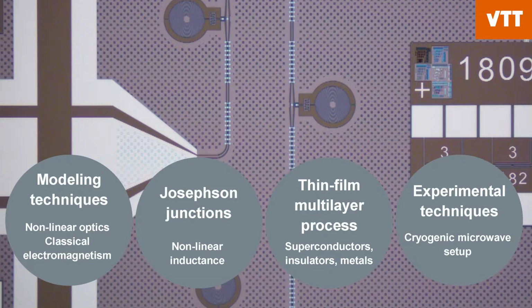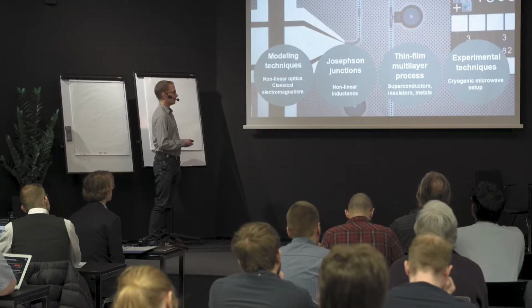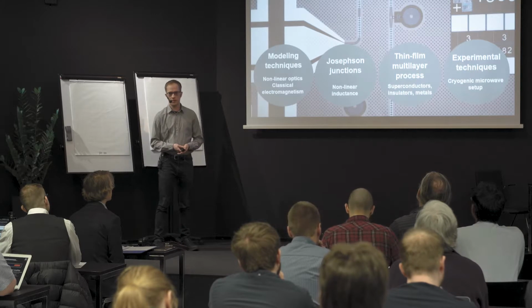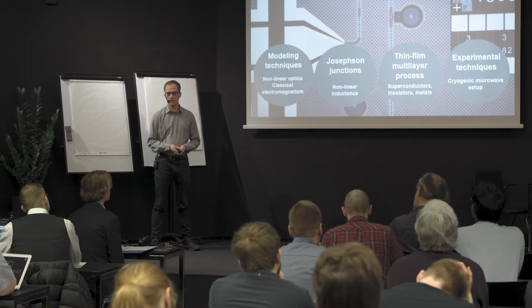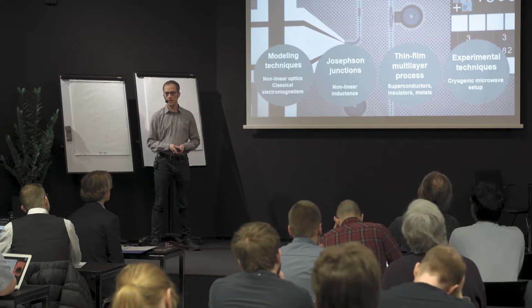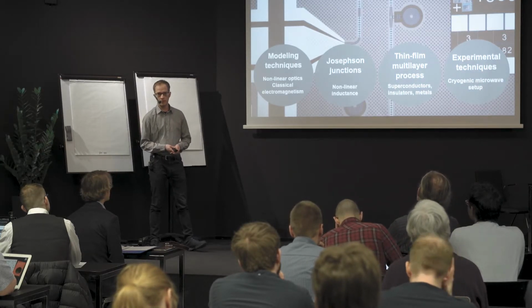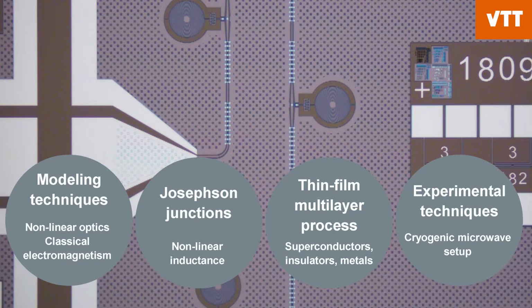And what kind of toolbox do we need to realize this sort of devices? Of course, we start from the underlying physical principles, and we are building a superconducting amplifier. A critical element is a Josephson junction, which in this context is a nonlinear inductive element. It is this nonlinearity which allows the conversion of the parametric pump power into the power of your weak signal.